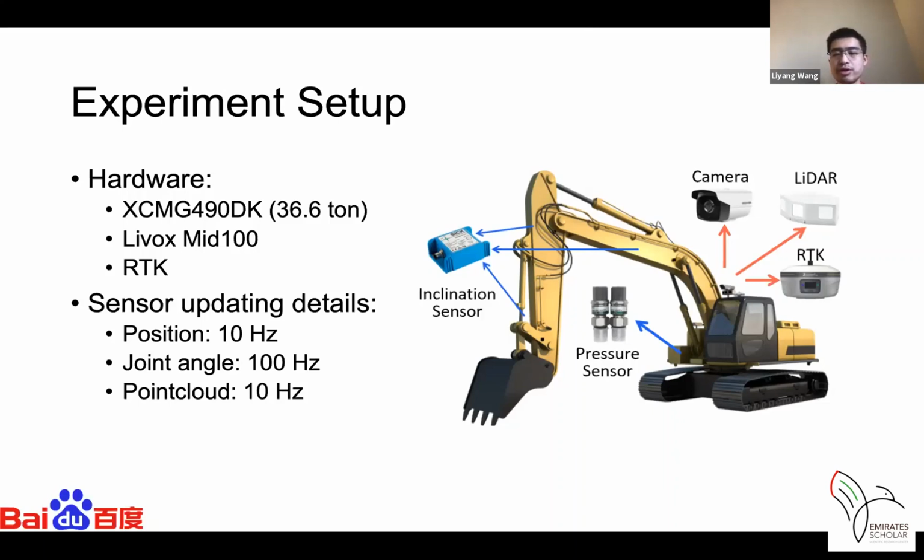We also have pressure sensors to calculate the stiffness of the materials we are working with. The sensor's positioning frequency is 10 Hertz, the joint angle frequency is 100 Hertz, and the point cloud is also 10 Hertz.